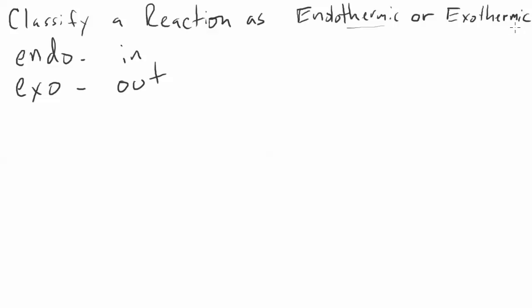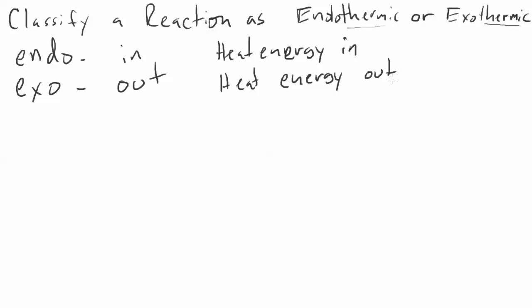It's the same root as thermometer or thermal, and basically refers to heat energy. So endothermic basically means heat energy in, and exothermic basically means heat energy out. So that's basically what the two terms mean.